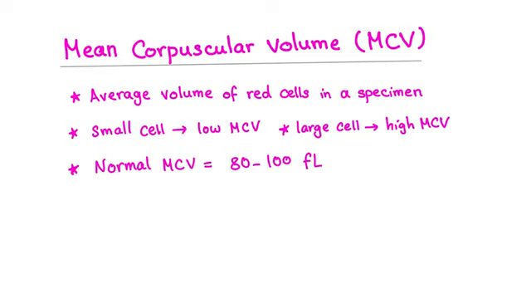Normal MCV is 80 to 100 femtoliter. So let's say that we have a small cell. It will be what? Low MCV. Large cell, high MCV. That's why we have low MCV, microcytic anemia, high MCV, macrocytic anemia.